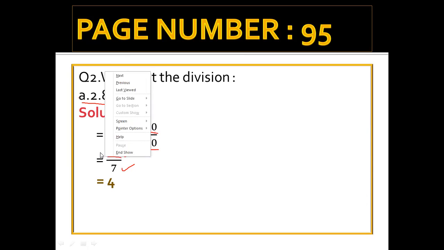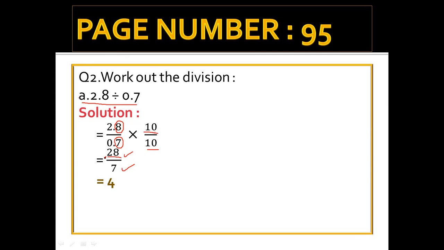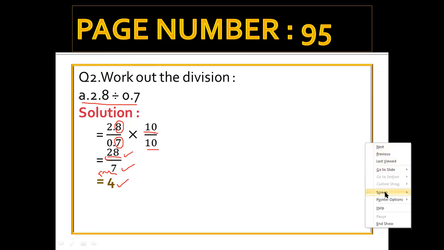Same with 0.7: when it is multiplied by 10, it becomes 7, because when 7 jumps from right to left, the decimal is finished and we get the whole number, which is 7. Clearly, we divide 28 by 7. 4 sevens are 28, and 4 is our answer.